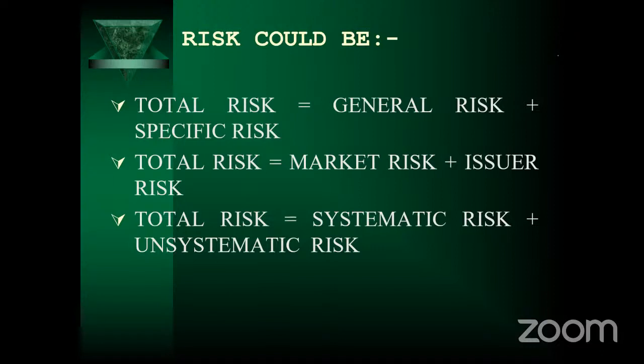Please remember, systematic risk arises and is driven by macro factors, and it cannot be controlled by the organization. This is macro in nature. We cannot control it. War, can you control it? Let's say you are doing business, you are the owner of X Limited. Can you control the war between Russia and Ukraine?